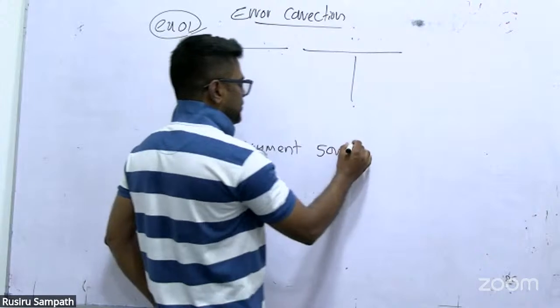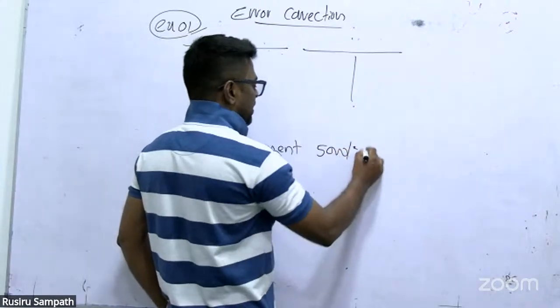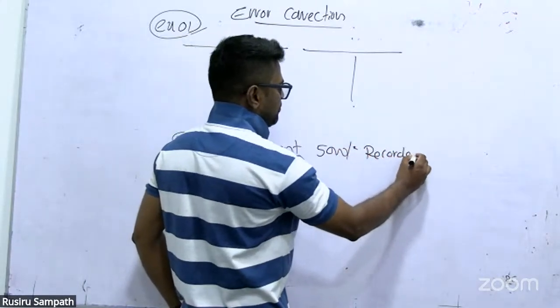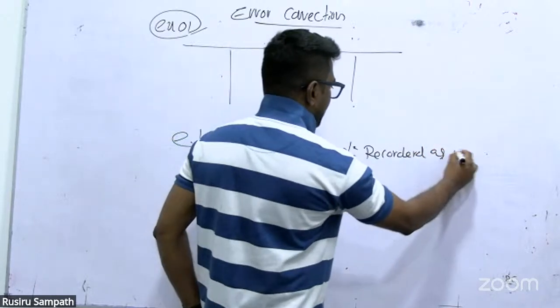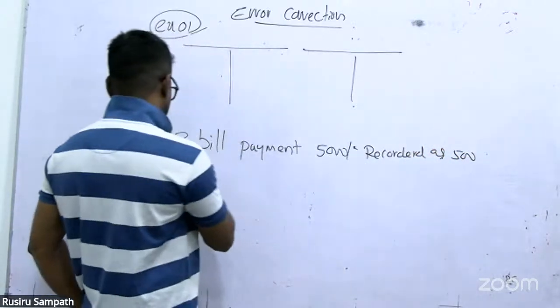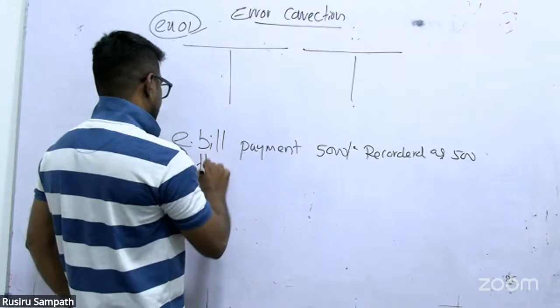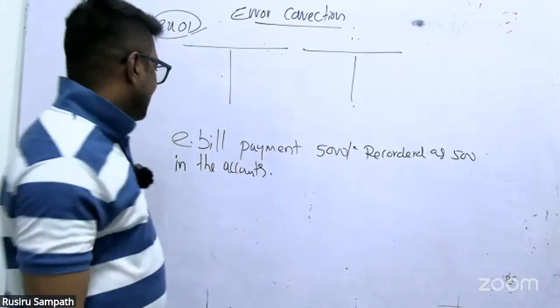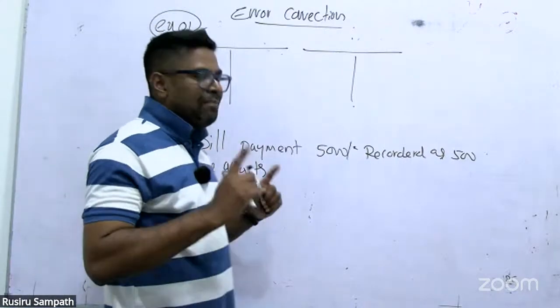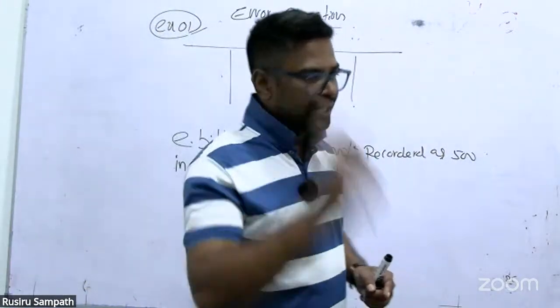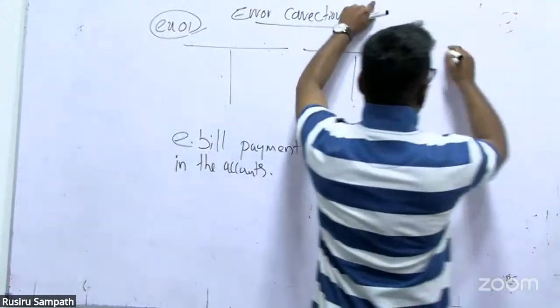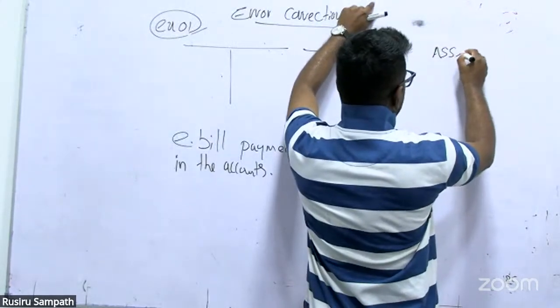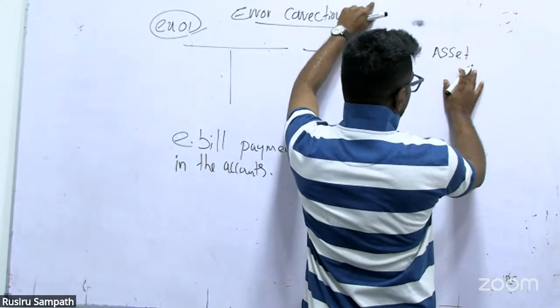E-bill payments 5,000 rupees recorded as 500 in the books, 500 in the accounts. You know e-bill payments, how to record it? Get the mind. You know the principles of accounts.